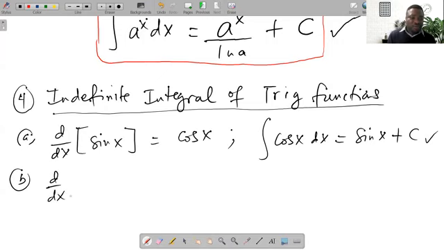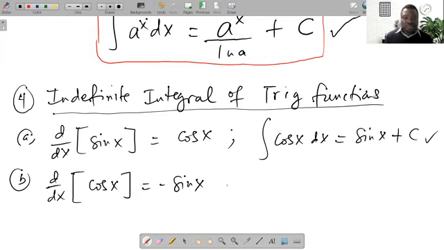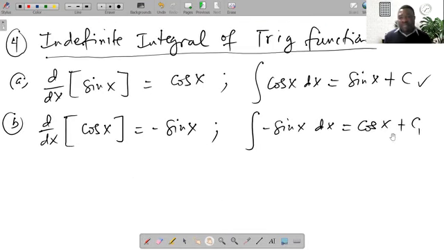d/dx of cosine of x, when you take the derivative of cosine of x, is going to give you negative sine of x. Okay, so basically when I take the integral of negative sine x dx, that should give me cosine of x plus, let's say, some c1, right? And anytime I do c1, it means that I'm going to be dividing through by something, so that will change at the end.